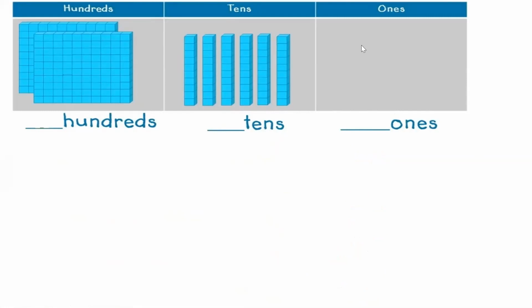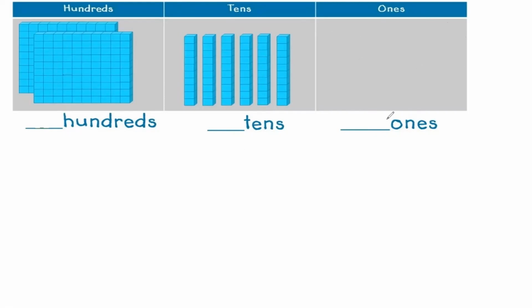But here there is no ones, so I can choose any number from 0 to 9. This is very important. Here there are no small cubes, so you can draw any number of cubes. You can choose any number of cubes, but the number will be between 0 and 9 because this is the ones digit.